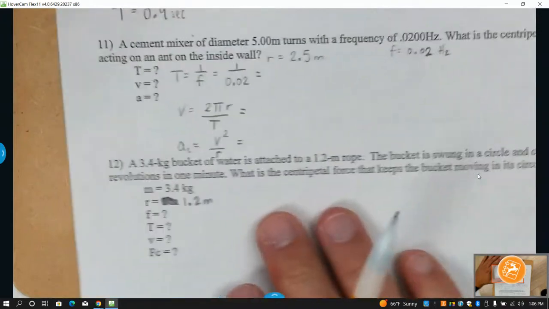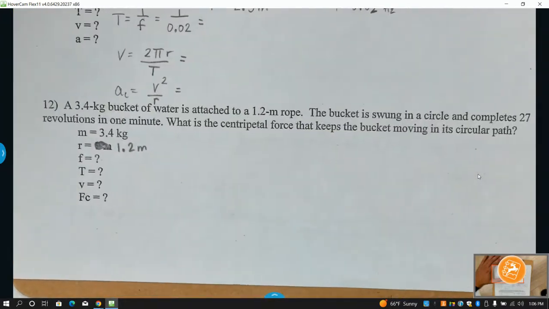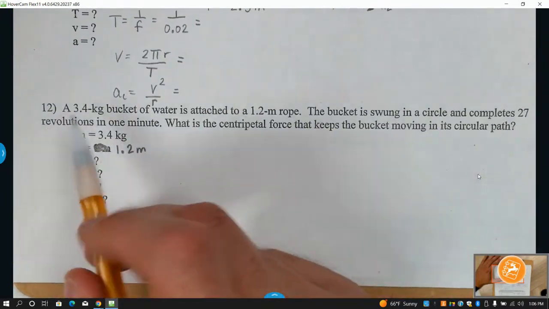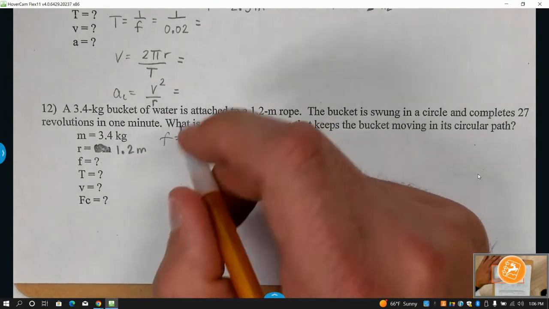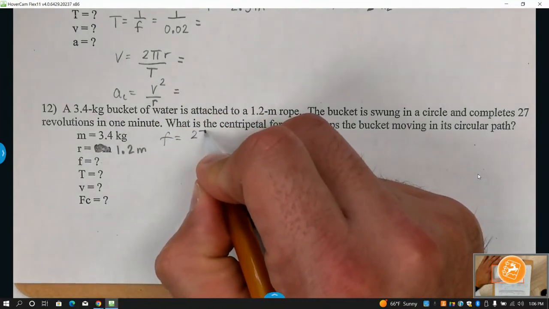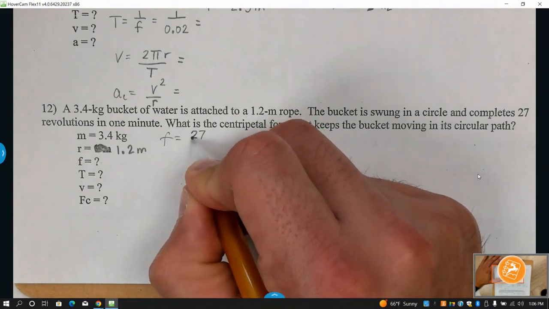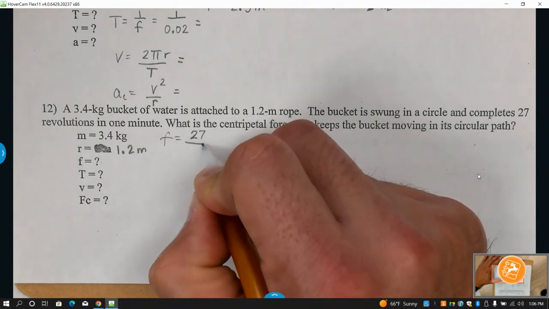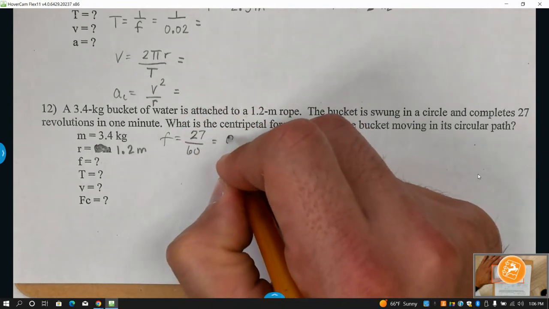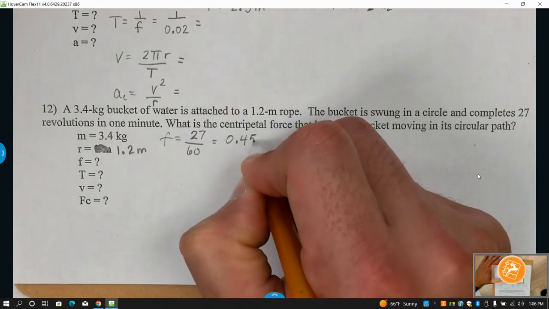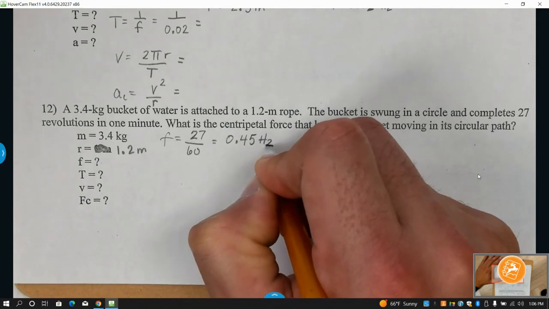So with that in mind, we complete 27 cycles or rotations, revolutions, in 1 minute. So how many seconds are in 1 minute? 60. So doing that, you're going to get a frequency here of 0.45 hertz.